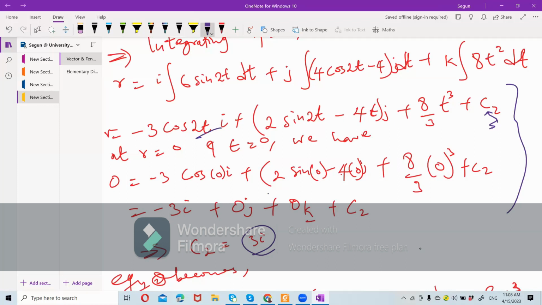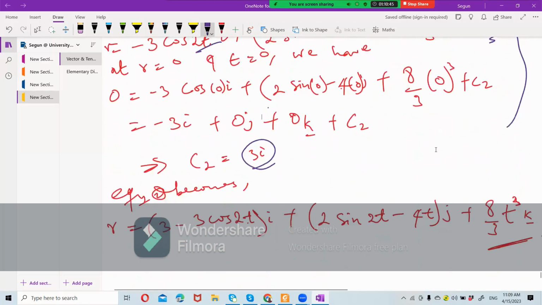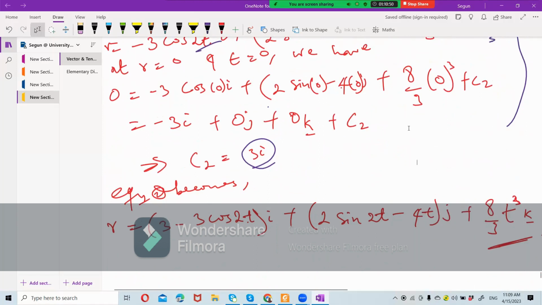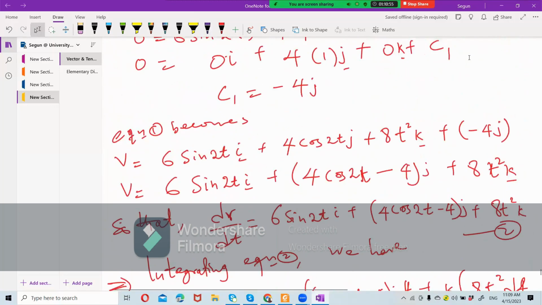We match the 3i and negative 3 cos 2t i together. Apparently, the way we did to the C1. Remember, C1 was negative 4j. That was why we see, look at it. So after that, we match this j together, we have this.